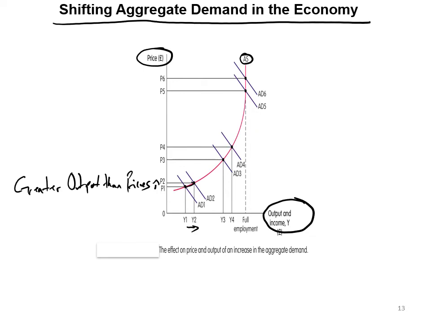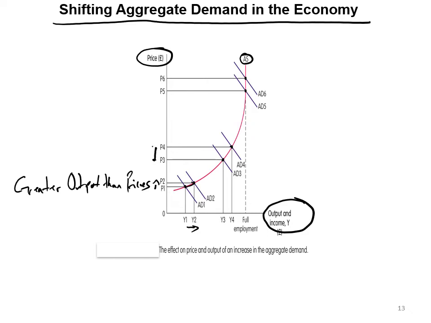However, let's see what happens if our aggregate supply curve is more price inelastic, so somewhat vertical, here from AD3 to AD4. So we're at P3, and then we increase our aggregate demand from AD3 to AD4. What will happen?